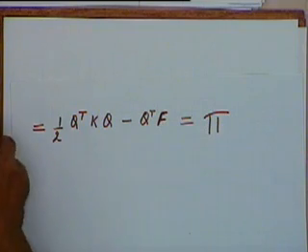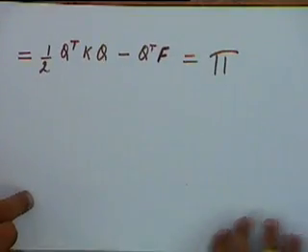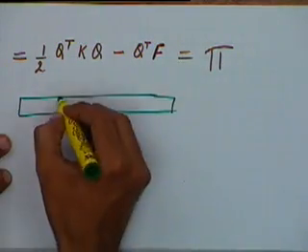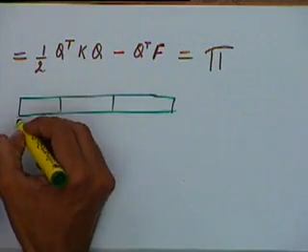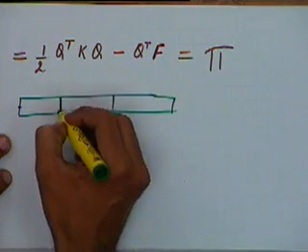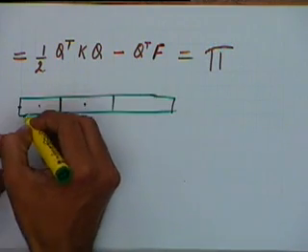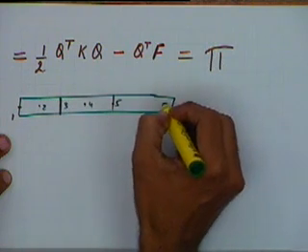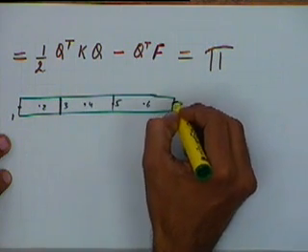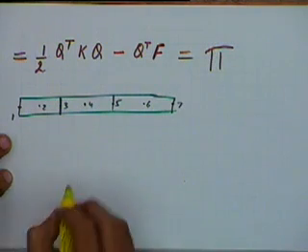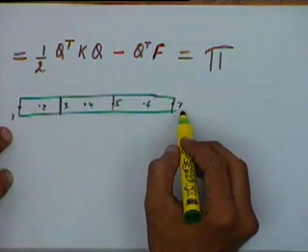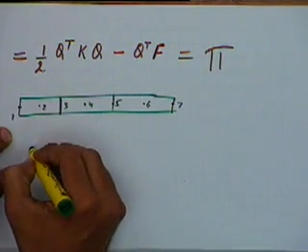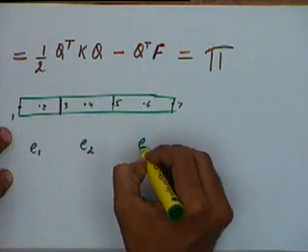If we have, let's say, elements of this type, where these numbers are the global node numbers. For each element, let's say this is my element number 1, this is element number 2, and this is my element number 3.